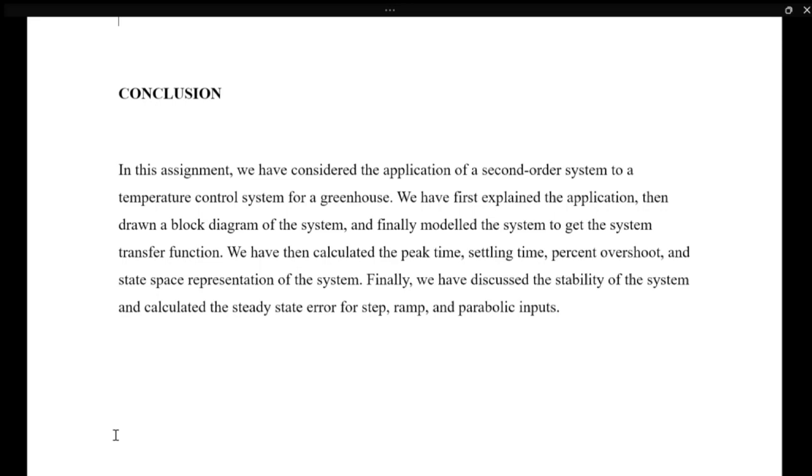Finally, we have discussed the stability of the system and calculated the steady-state error for step, ramp and parabolic inputs. We have also learned how to use MATLAB software not only for this assignment, also for real-time application.